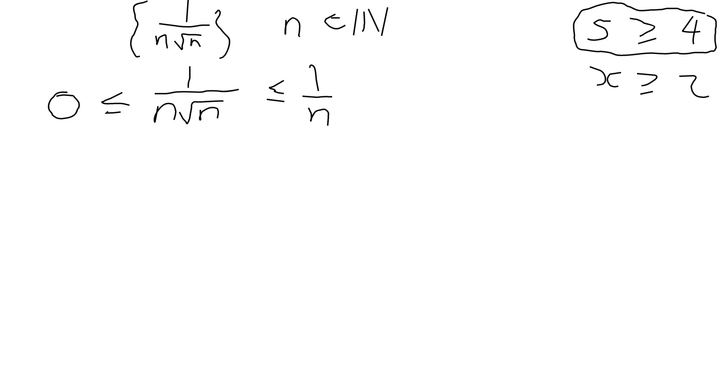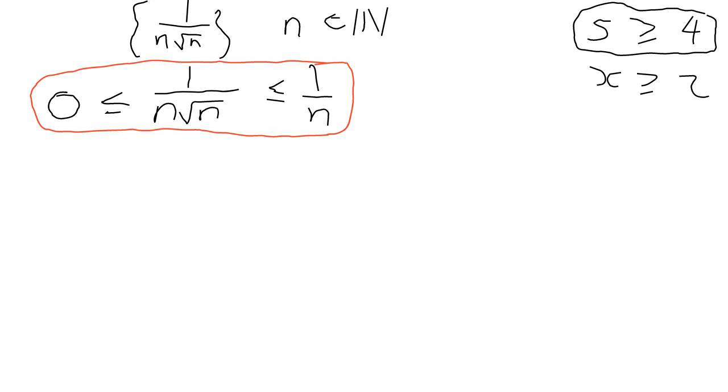When n is 1, the first natural number. After that, it's not equal anymore. It's always going to be less than. 1 over 2 root 2 is always going to be less than 1 over 2, 1 over 3 root 3 is always going to be less than 1 over 3, and so forth. But when it's 1, it's equal. Anyway, we are confident that this is true. Anthony's a bit wary about the 0 equal, but let's use the greater than, then we are confident about the greater than part.